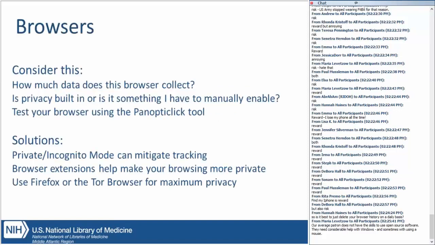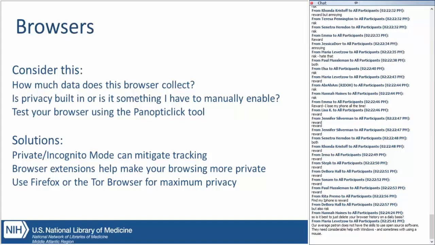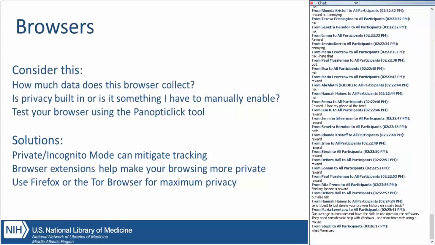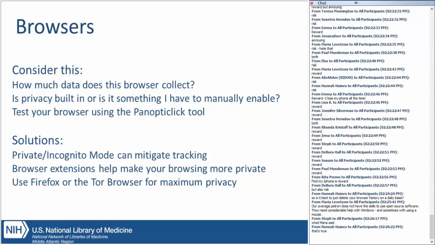So when it comes to browsers, this is where we get into the weeds with risk versus reward. Many people use Google Chrome because it so effortlessly syncs all your information and makes sharing a lot more convenient. And it even links to outside apps. If you've ever tried a new app or logged onto a new site, you might get asked if you'd like to log in using Google.